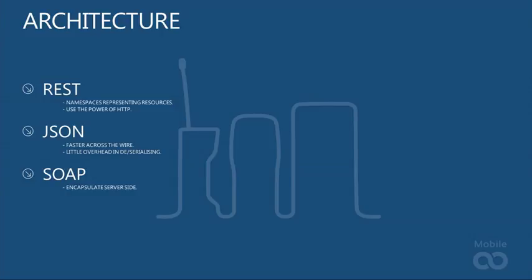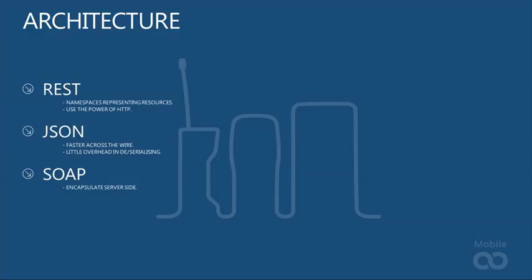So looking at the architecture of what we did in Jude Mobile, we used REST, and I guess internally we're probably one of the biggest advocates of REST. We tend to follow Roy Fielding's thesis and papers to the T. I guess most of you are probably familiar with REST in the room.